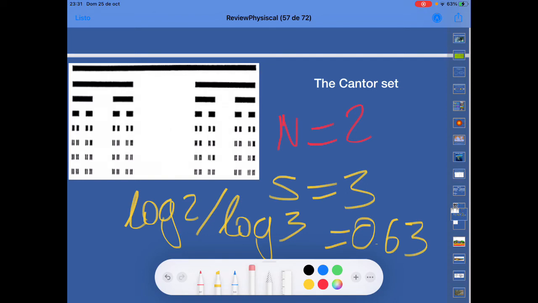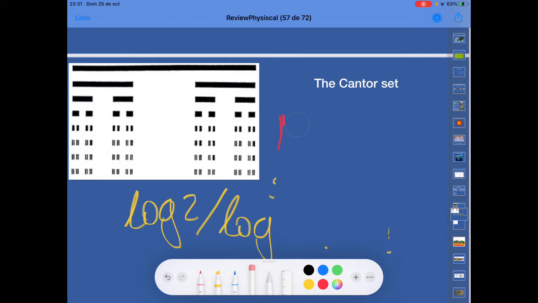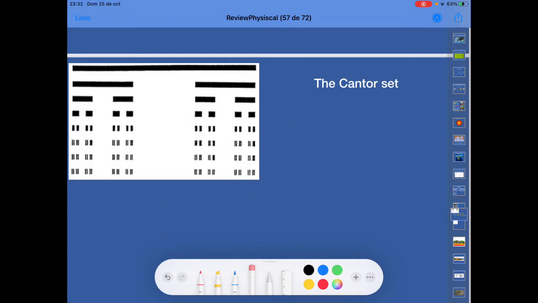So what would happen if I would count another iteration just to make the experiment? And again, I am going to write our result over here just so that we don't forget, 0.63, and we can see if we get the same. Let's count here. I have 1, 2, 3, 4. I have 4 lines that actually exist, right? And if I use this as a reference, how many of them do I need to fill the whole line?